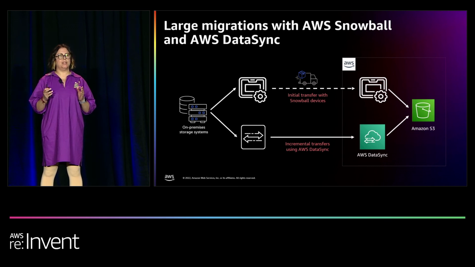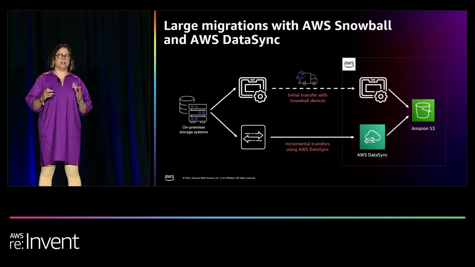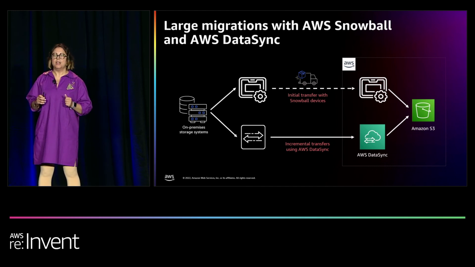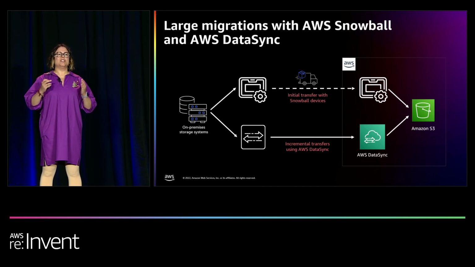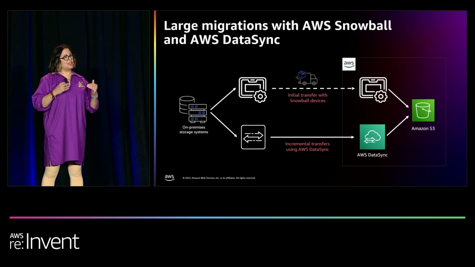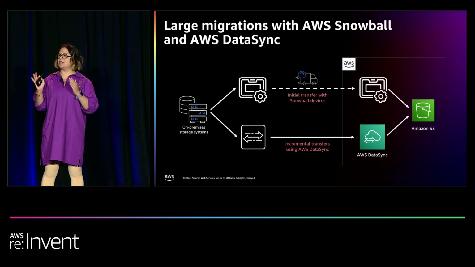So you can copy the data that has changed or that was added to your on-premises storage systems. And AWS DataSync has this intelligence to check which data has been changed and to pick up only this data and copy it into AWS.